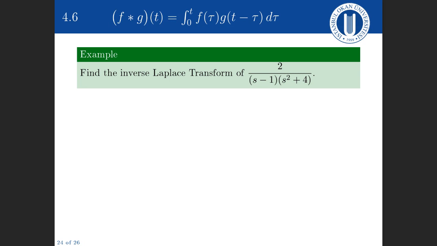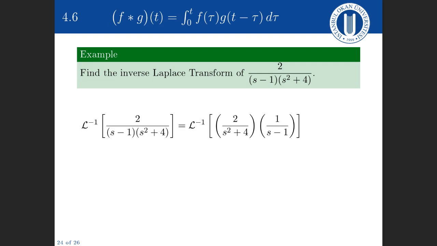Now I'm almost finished. I want to find the inverse Laplace transform of 2 over (s minus 1)(s squared plus 4). And again, I could use partial fractions if I wanted to, but I don't.